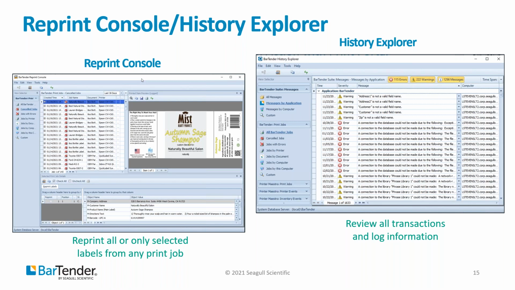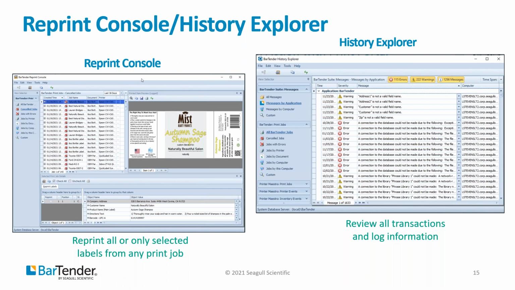Instead of having to process that entire data flow again, the right person with the right access can go into Reprint Console, select the print job, select only certain labels within that print job, and execute the print again or direct it to another printer. And it's also all logged, so you have a track and trace as to what happened and why.